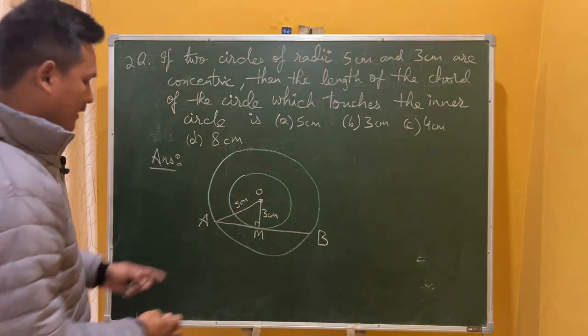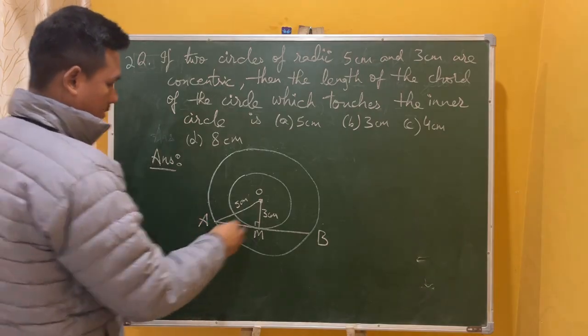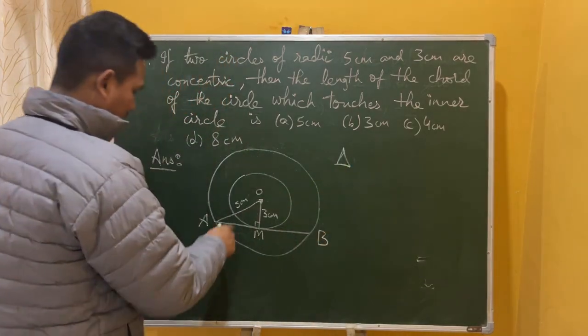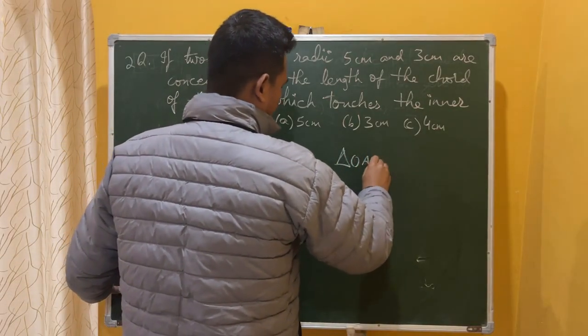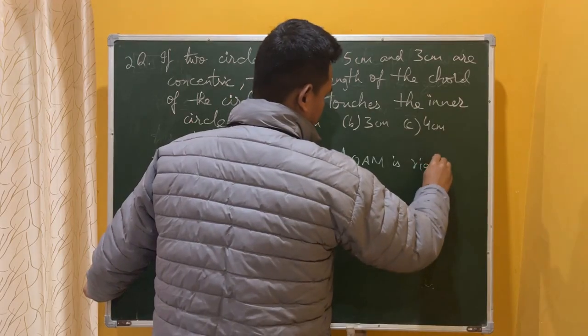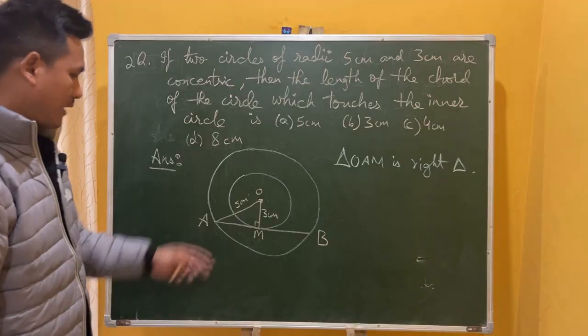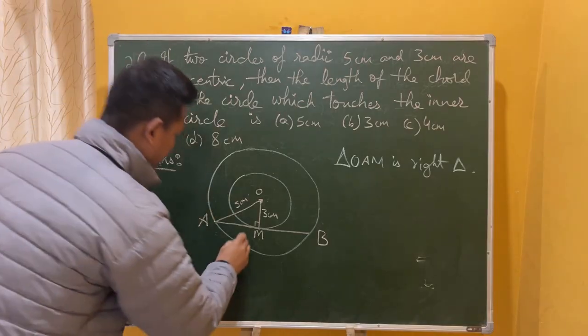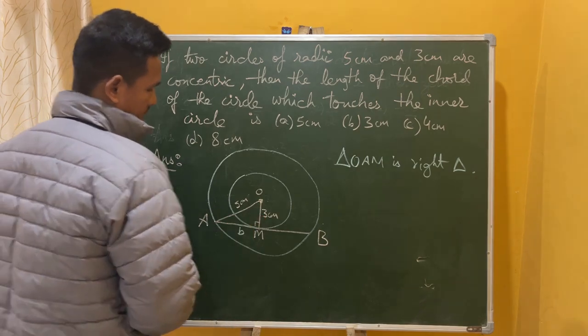So you'll have to find the length of the chord. Triangle OAM, let's say, is a right triangle, right? So you can use Pythagoras theorem here. Let's say this is base, hypotenuse and perpendicular.